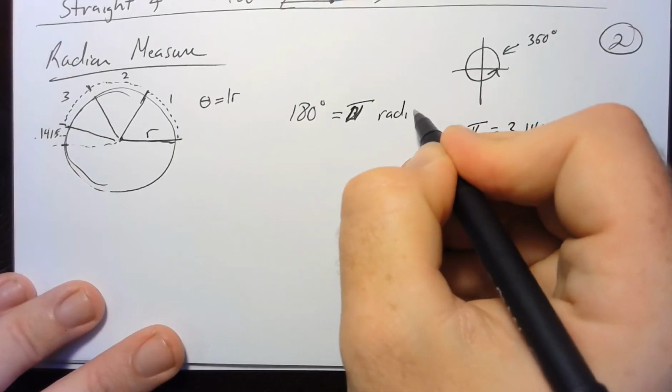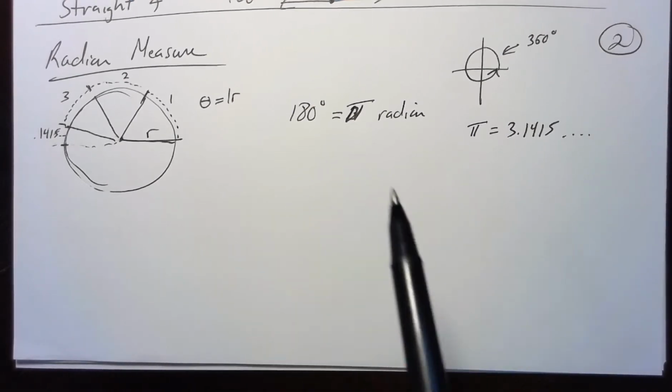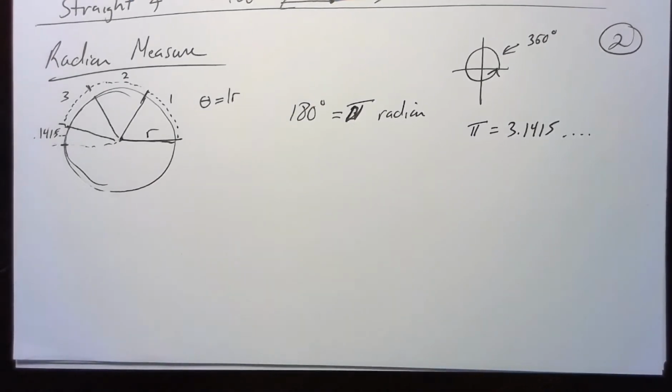Now, in most cases, when I write radian units, I'm not going to actually write the word radian, because every time I write a number and reference an angle measure, if I leave out the unit, I'm referring to a radian. If I don't leave out the unit, then I have to put a degree measure. That degree measure will help me identify that it's in degrees versus radians.